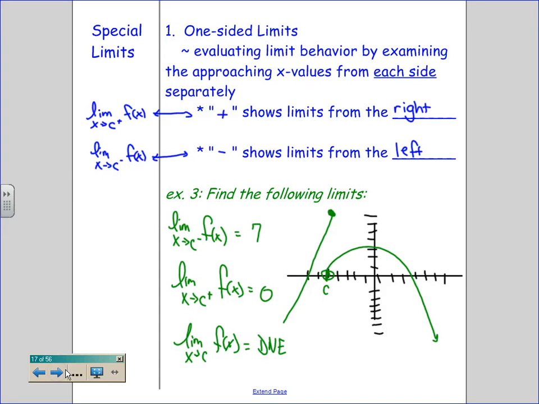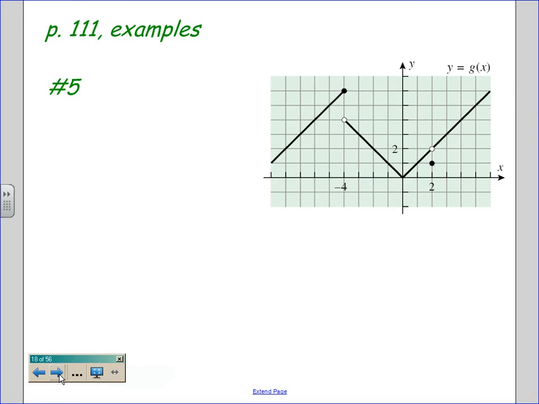All right, let's try again. With the following graph, let's try a few more.